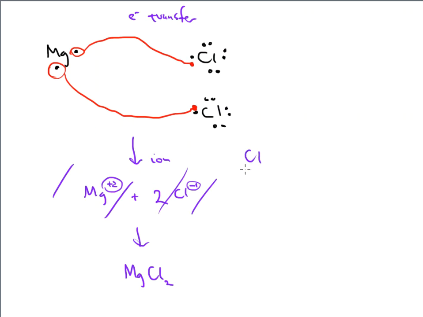You might have to add on a third one here depending on what it is, or you might have to add on another one over here. You might have to go through another magnesium or another sodium or whatever the case is in order to make this thing work. So for instance, Na and O. Well, sodium has 1 and oxygen has 6, right? 1, 2, 3, 4, 5, and 6.